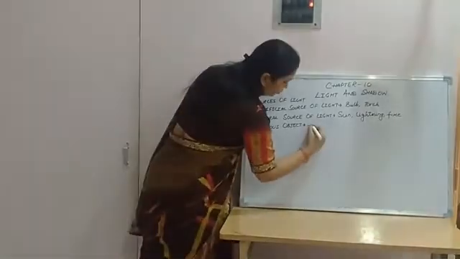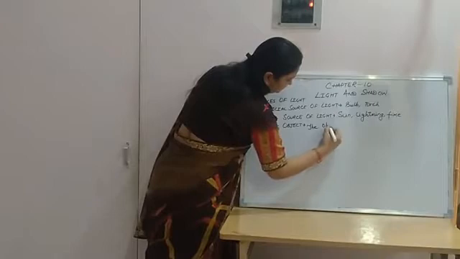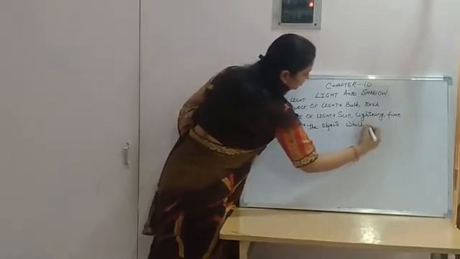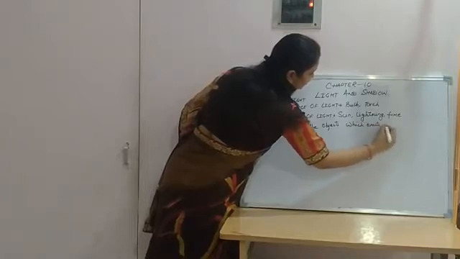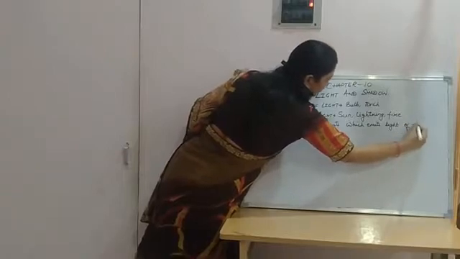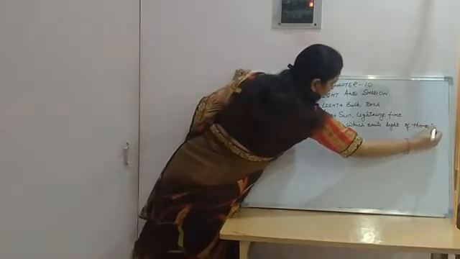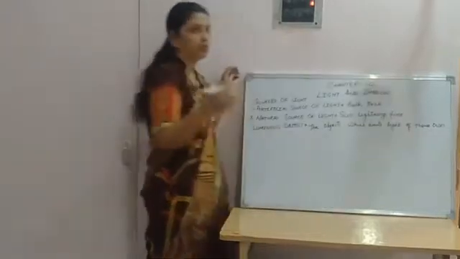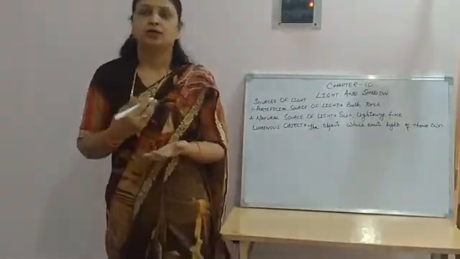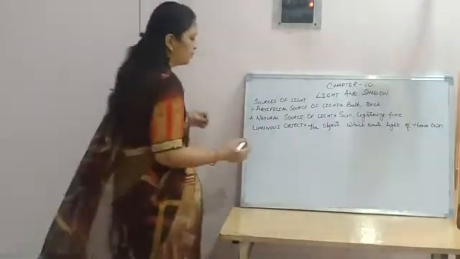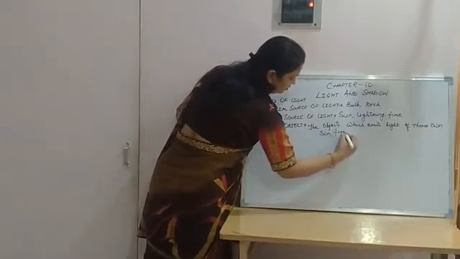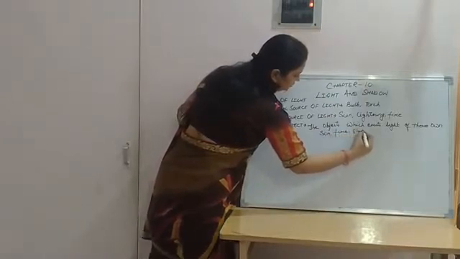Luminous objects are the objects which emit light of their own, like star and fire, sun. These all are the examples: sun, fire, stars.